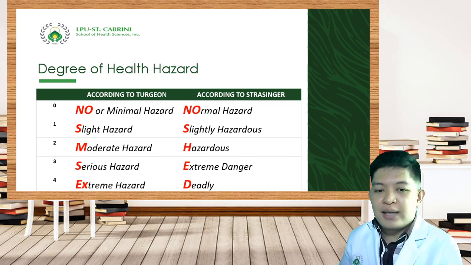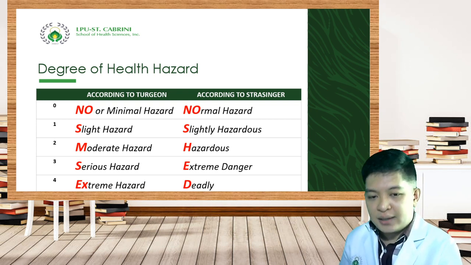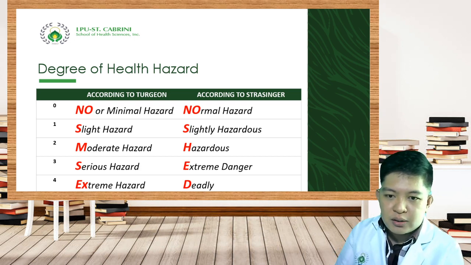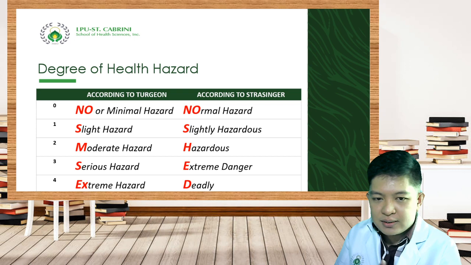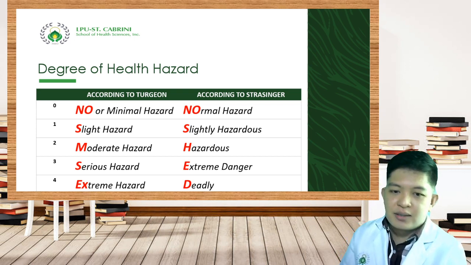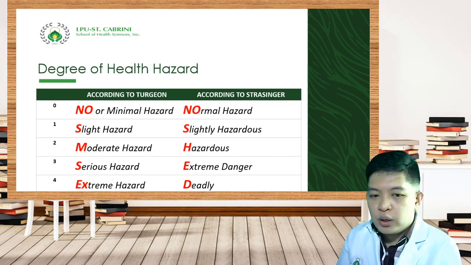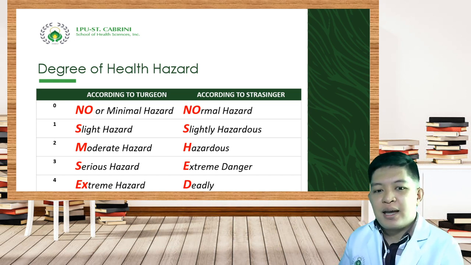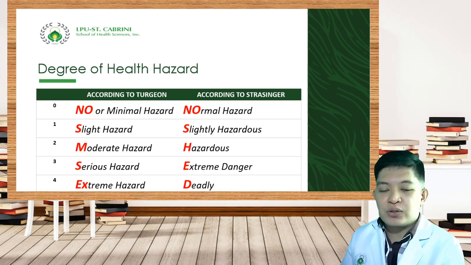No SMS X. No, zero, minimal hazard. S, 1, slight hazard. 2, M, moderate hazard. 3, S, serious hazard. 4, extreme hazard.